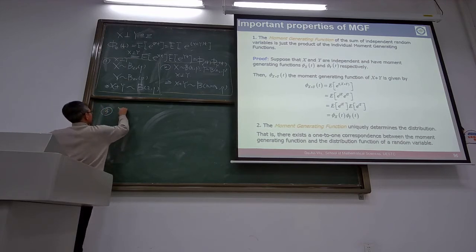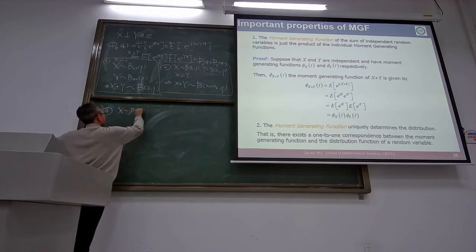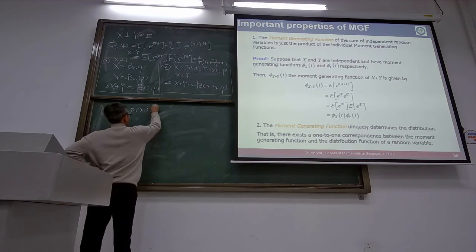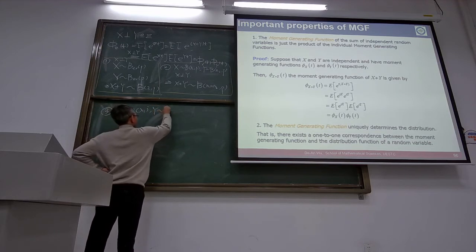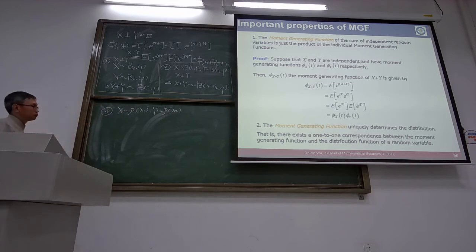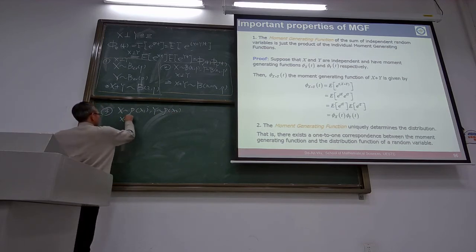If X follows Poisson with parameter lambda 1, and Y also follows Poisson with lambda 2, and X and Y are independent.